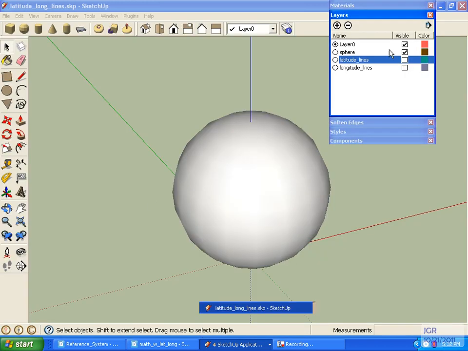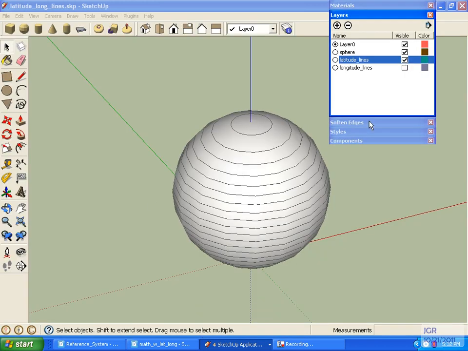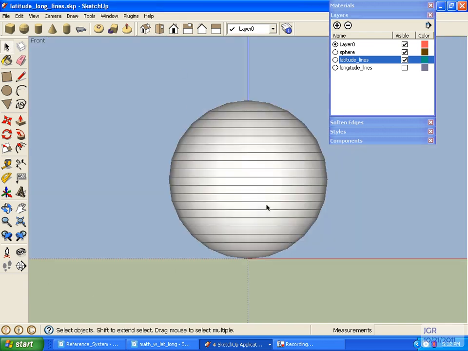Here we have the earth, and we're just going to look at latitude lines. Now I'm just going to go to a side view here. And we can see that these latitude lines run from, I'm sorry, from east to west. They run from east to west, and they measure how up and down you are from the equator.